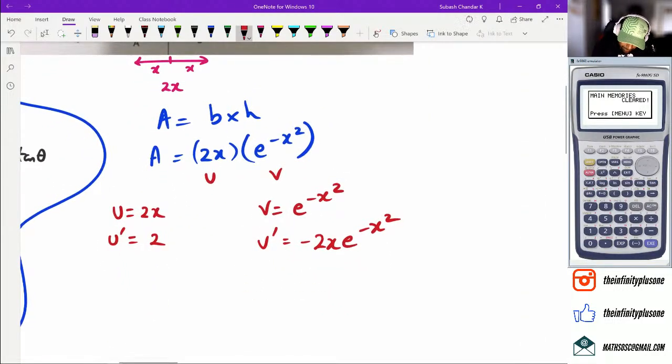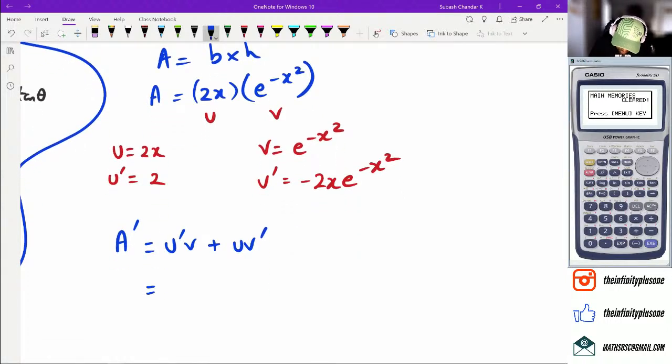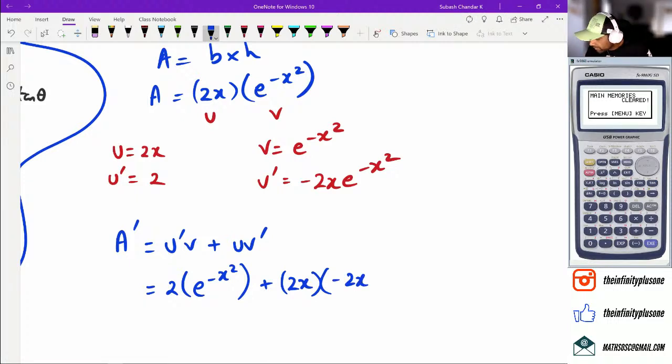So once we do this, we have our area dash, which is u dash v plus u v dash. So we're going to get 2 times e to the power of negative x squared plus 2x times negative 2x times e to the power of negative x squared.